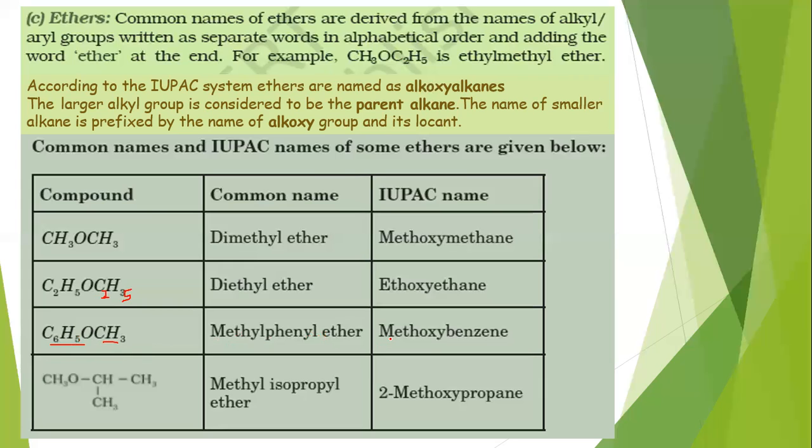But according to the IUPAC system, the smaller group is considered as the alkoxy group. This is the methoxy group, so methoxybenzene. Now here, this is the larger group, with three carbons, so it is derived from propane.